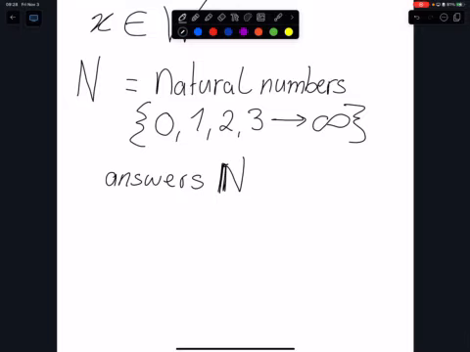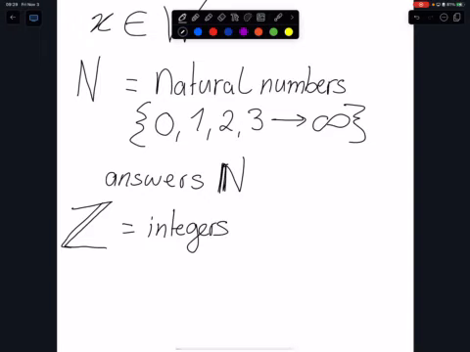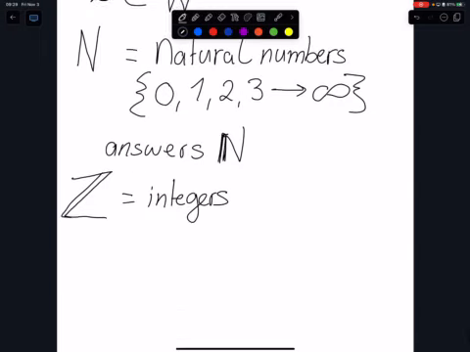As time progressed, another set of numbers came into existence, which is called integers, which many of you have seen before.